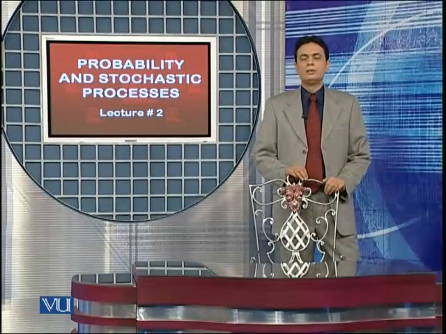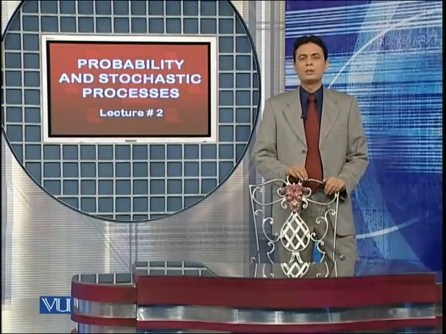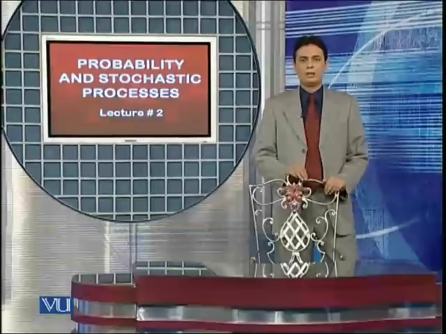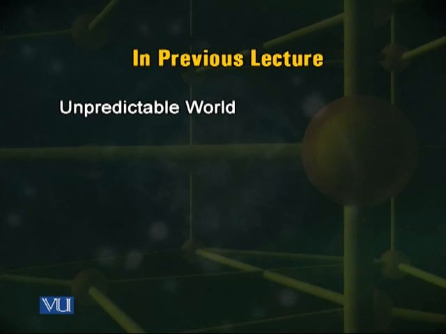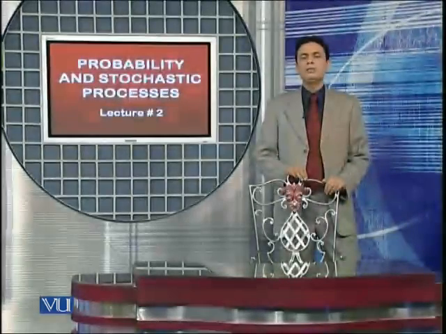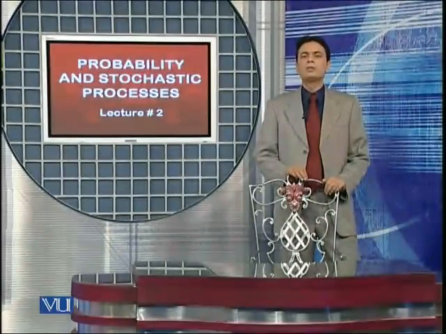In this lecture, we will continue with our discussion of what probability is and how we deal with problems related to probability theory. In the previous lecture, we discussed that we live in an unpredictable world where outcomes of events cannot be predicted precisely in advance because there are so many factors that affect the outcomes of the events under study.